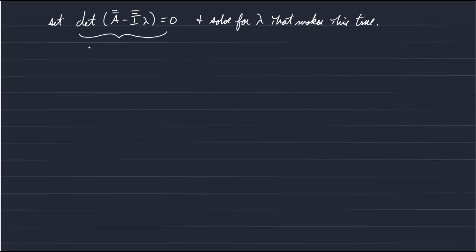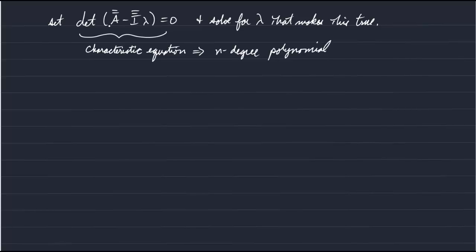So this becomes our characteristic equation. It is an n order, or I'm sorry, an n degree polynomial.